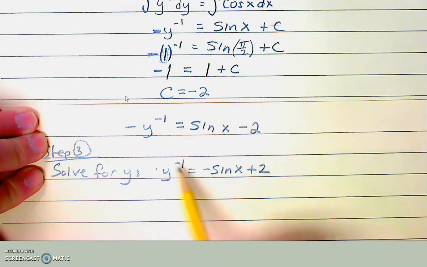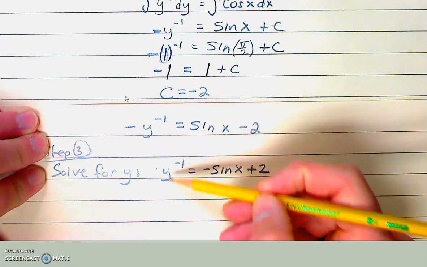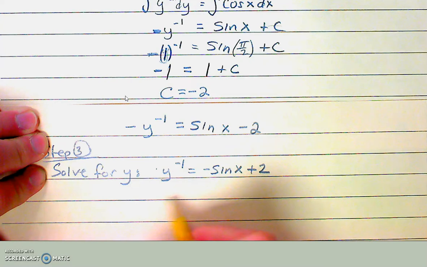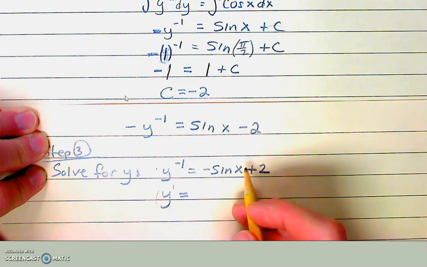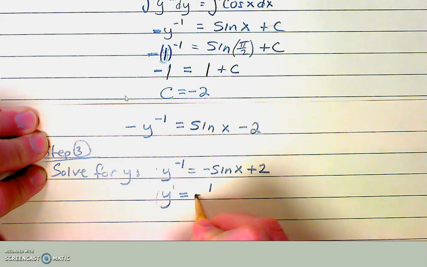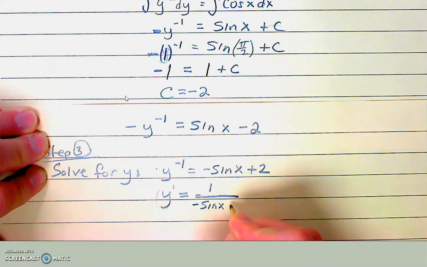And now because this is y to the negative first, we just find the reciprocal of that. The reciprocal of y to the negative first equals the reciprocal of negative sine x plus 2. So this is going to give us 1 divided by negative sine x plus 2.